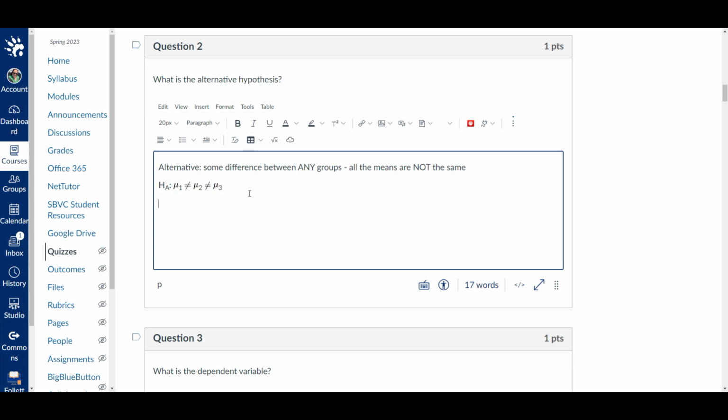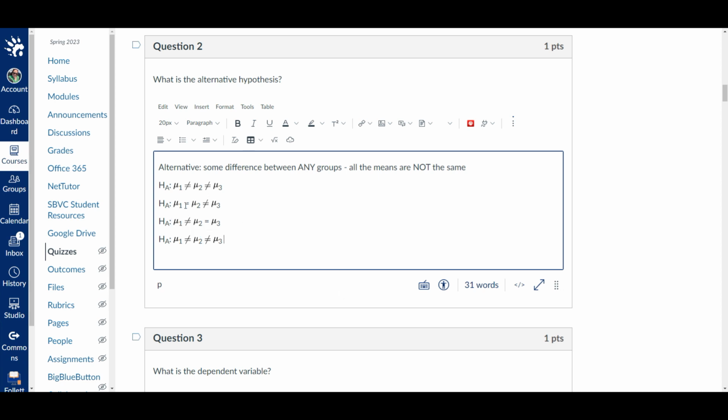We could also have that maybe these two are the same, but these two are different. In this scenario, it's still true that not all the means are the same. It could also be that these two are different and these two are the same. Still true that they're not all the same. And finally, it could be that, wait, do we have another option here?